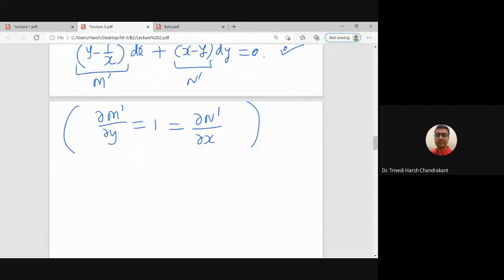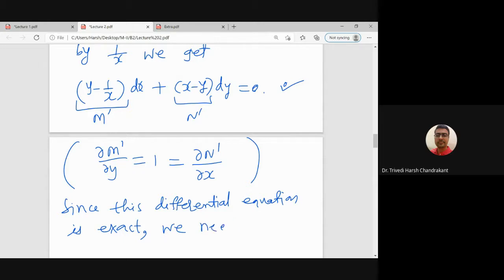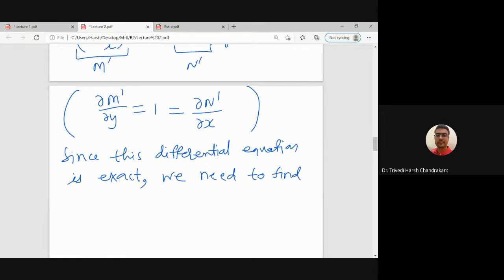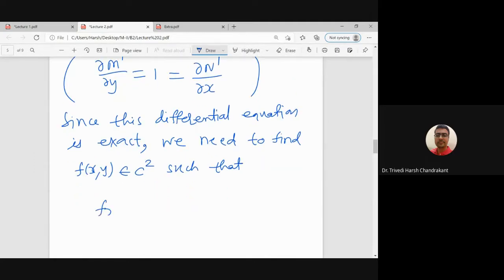Yeah, so since this differential equation is exact, we need to find the solution. We need to find fxy, which is a continuously differential function 2 times, such that our fx is m.